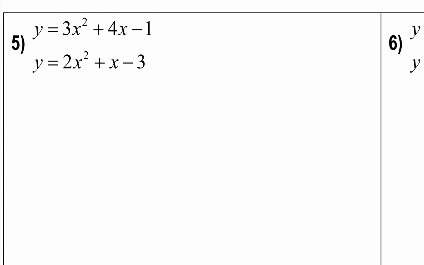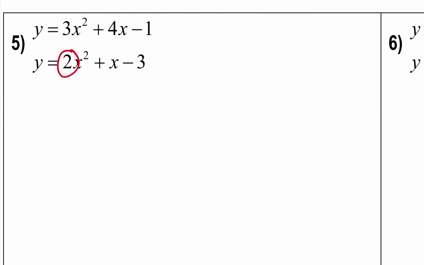So for elimination, the first thing you want to do is decide if you want to make the top equation negative, or the bottom equation negative. In other words, do you want to flip the signs of the top equation or flip the signs of the bottom? Now, just for me on a personal note, when I do this, I always change the sign of the lower x squared.